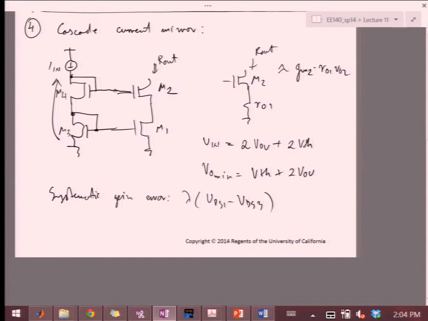What's the relationship of these two voltages? This one is VTH plus VOV, right? Then I go another VTH plus VOV. Then I decrease by VTH plus VOV. So what is this voltage? It is VTH plus VOV, so it's the same, right? So this is 0. Right. So this one, again, also has very low systematic gain error.